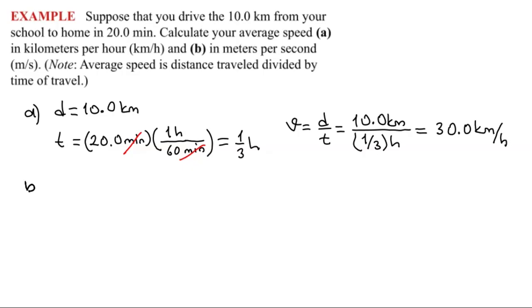Part B. In part B, we need to give our answer in meters per second. That means distance is 10 kilometers. Now we need to write this one in meters, so this is 1 kilometer here, and 1 kilometer is 1,000 meters.